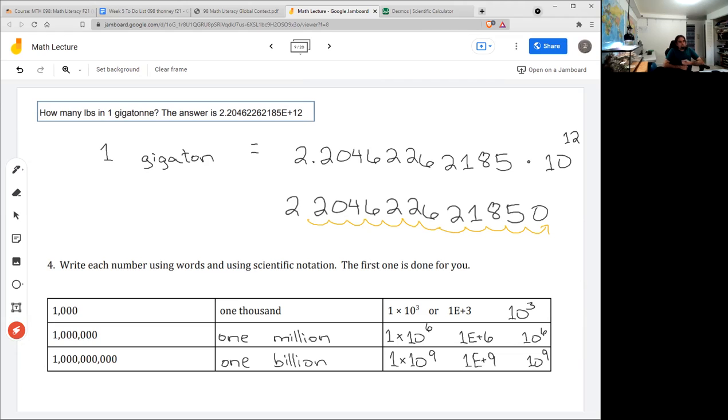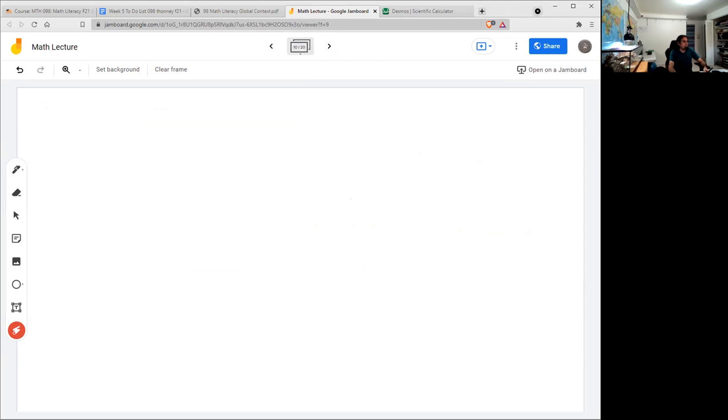You may have noticed that your calculator will very often have a button that says EXP. So let's look at that. I'm just using the Windows 10 calculator to put something on the board, but you probably have a better calculator.